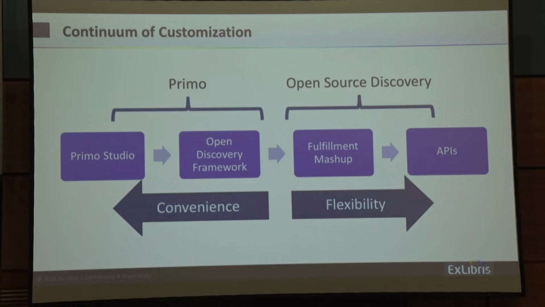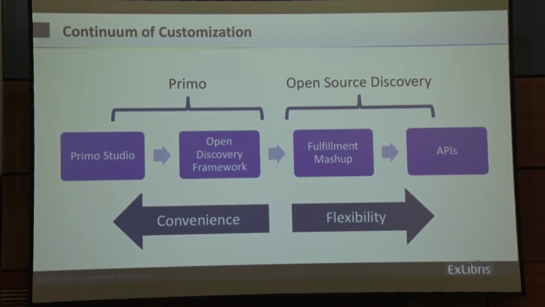So I can get location details, I can get even item level information, I can get request options for a particular user and know what kind of request they can do. I can get details about whatever electronic packages this resource is available in, and I can provide links to those packages. So I can build all that functionality myself.